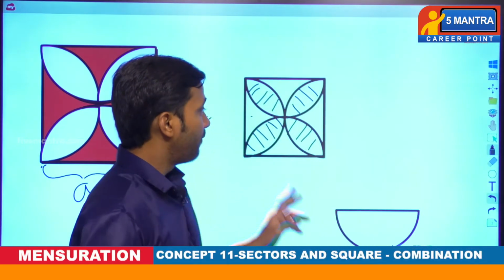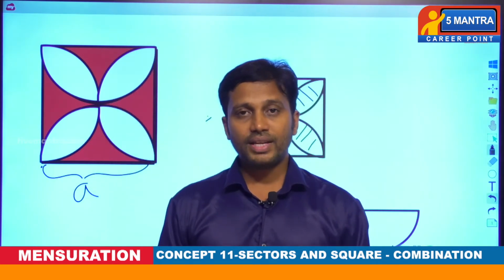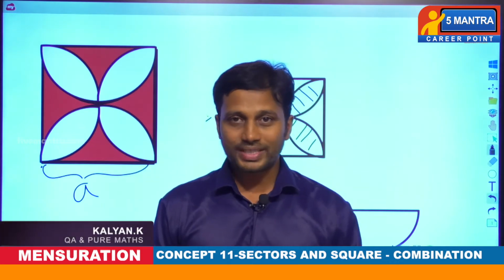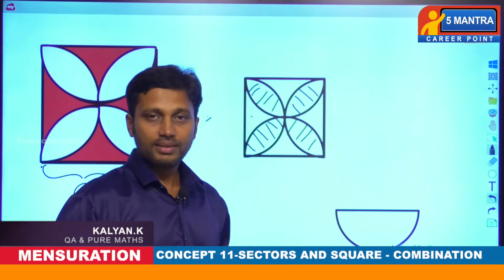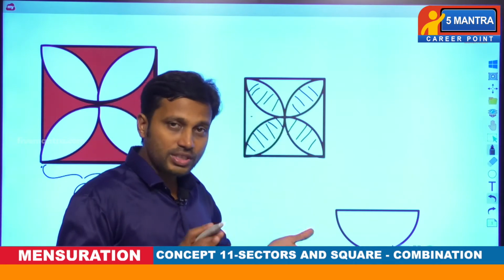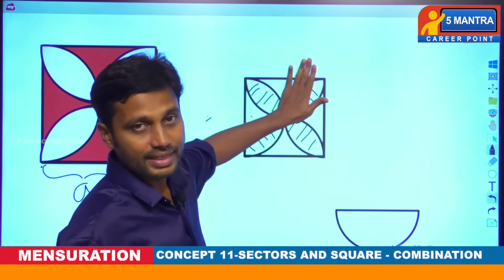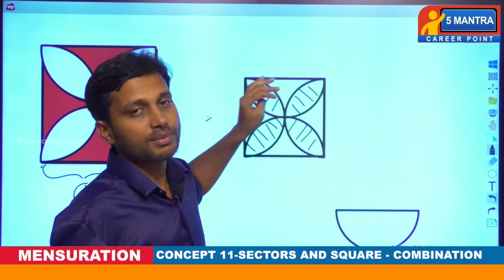So now why are we getting that overlap? First, we have to think with common sense. Whenever an overlapping region comes, it means there is no sufficient area inside the square to be occupied by 4 semicircles.